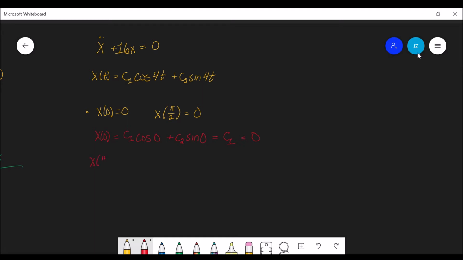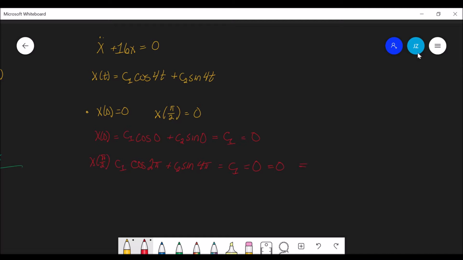So x of pi over 2, we get c1 cosine of 4 times pi over 2, which is 2 pi, plus c2 sine of 4 pi. This just equals, again, c1. From above, that has to be 0. And the condition is this has to be 0.